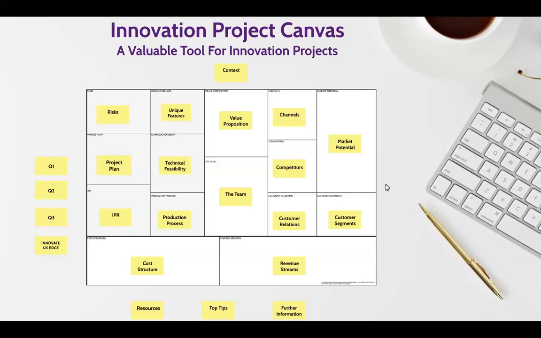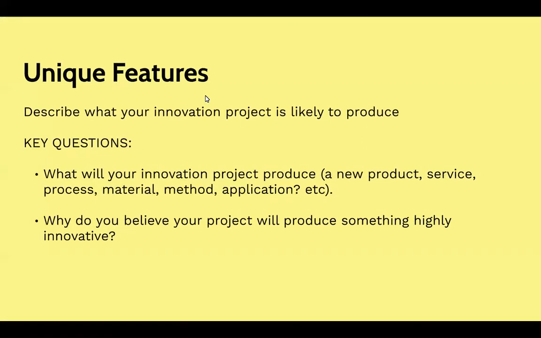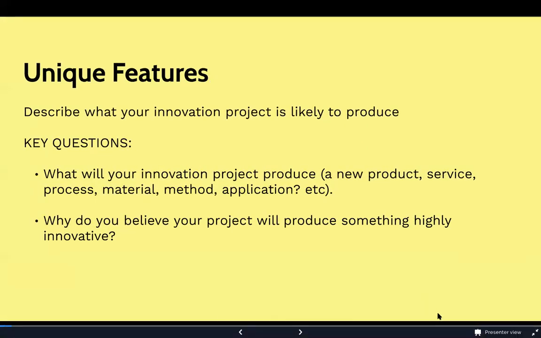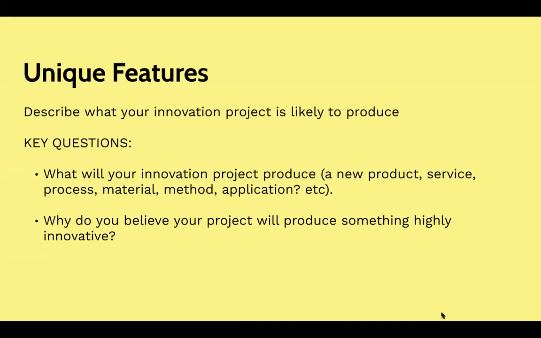Okay, so starting off, we're going to have a look at things like the unique features here. So this is really, really important if you're going for funding, particularly if you're looking at innovation funding or you're looking at investor funding. What you've always got to remember is it's not just you that's there in the marketplace looking for funding. It is a competition all the time.